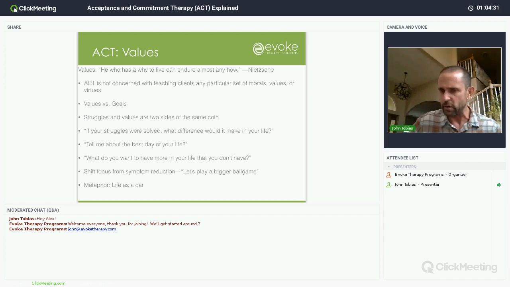Feelings are the fuel for your car. What if we look at it this way? What if we look at feelings being the exhaust of your car, the byproduct of moving in the world in a values-driven way? And they'll ask, of course, well, if feelings aren't the fuel, then what are? Well, values can be the fuel.